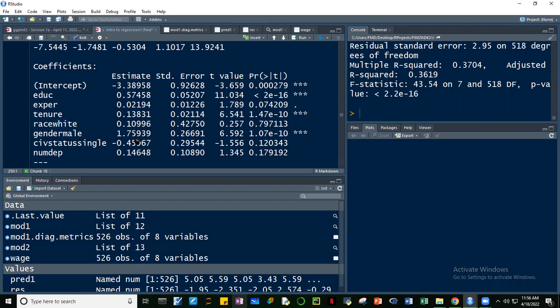So 1.76 means that on the average, male employees tend to receive $1.76 more in terms of hourly wage compared to their female counterparts, ceteris paribus. As we note, female comes first alphabetically compared to male, so R made female the benchmark, or 0, and male 1. So what appears here is the estimate of male in relation to female.